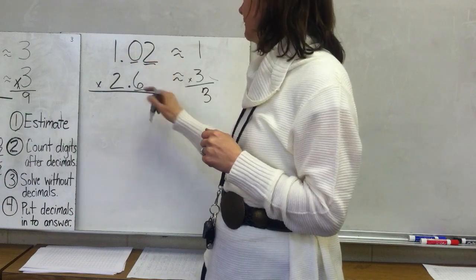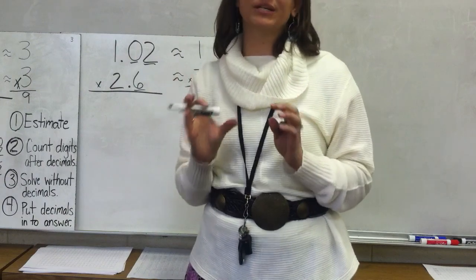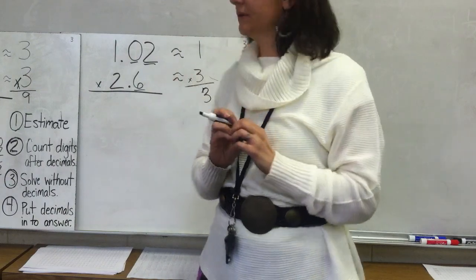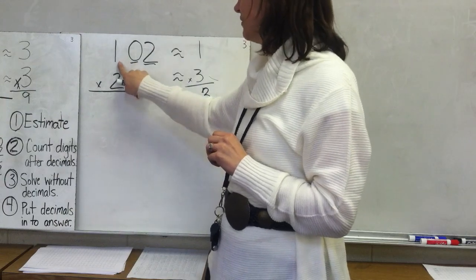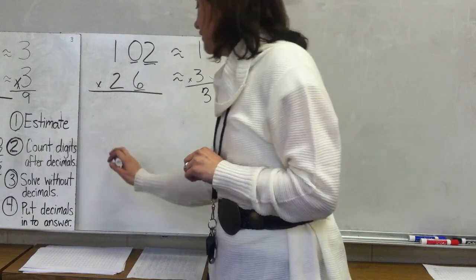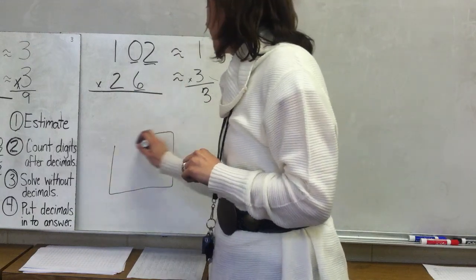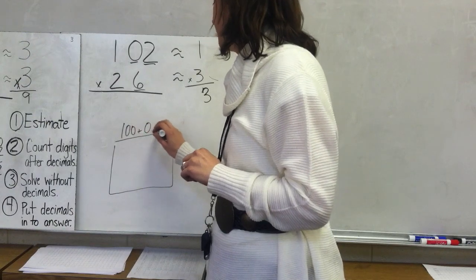1, 2, 3. I'm going to write that over here to remember that I have to have 3 digits after the decimal. Step 4 is to solve without the decimal. I'm going to take them out, and then I'm going to solve it. If I use my area model, do that one first, I would have 100 plus 0 plus 2.